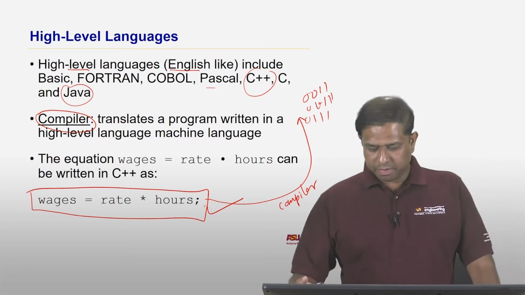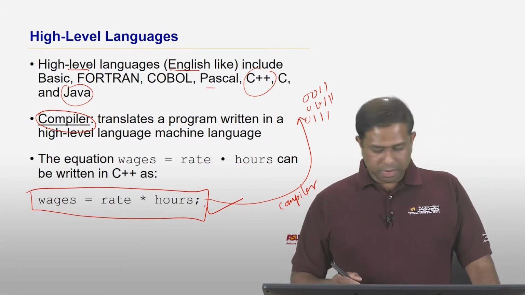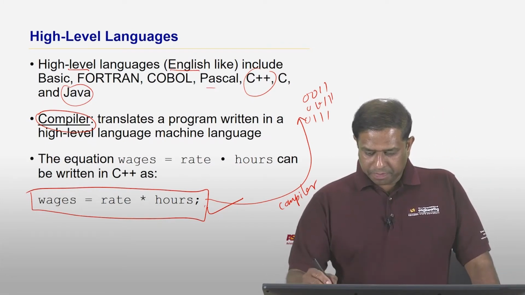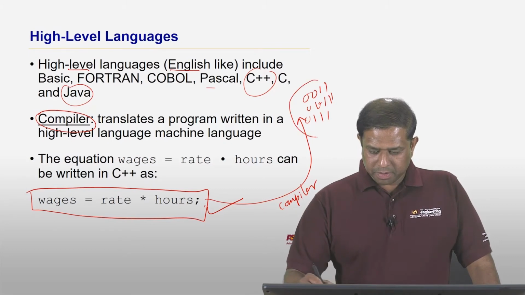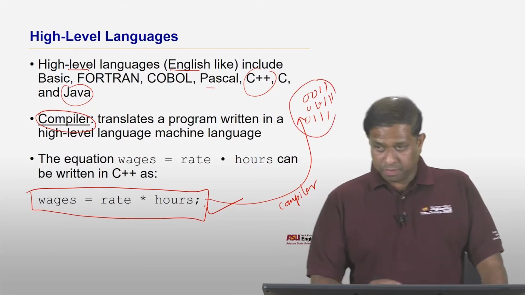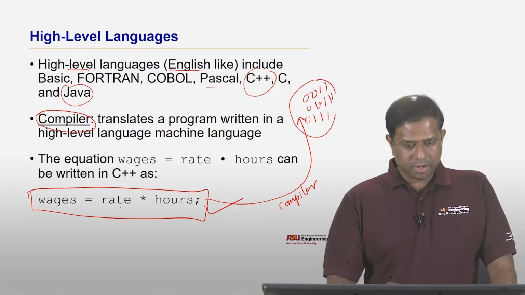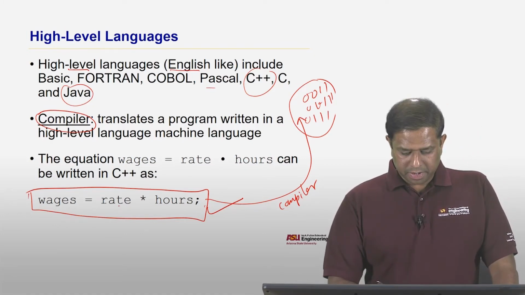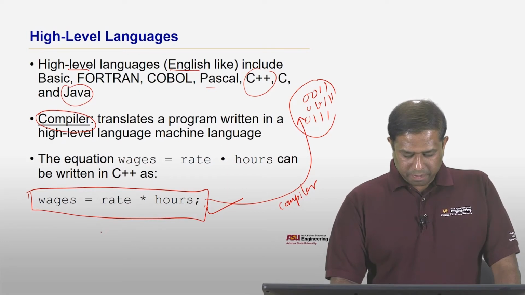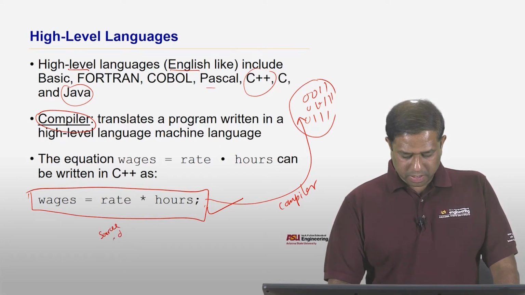Before we go into a main program, in the compiler form, this is what we have. We essentially have the high level program like this, which we call the source code.